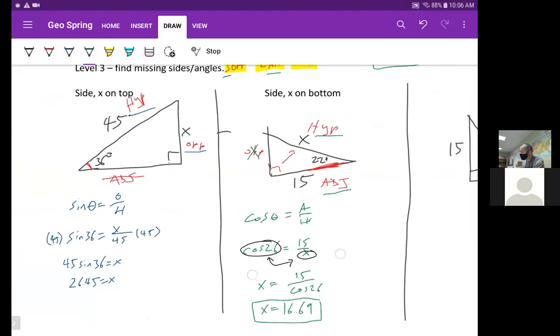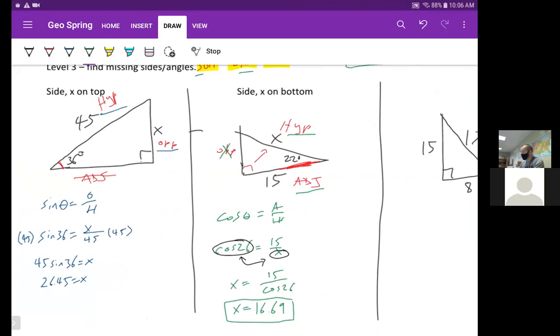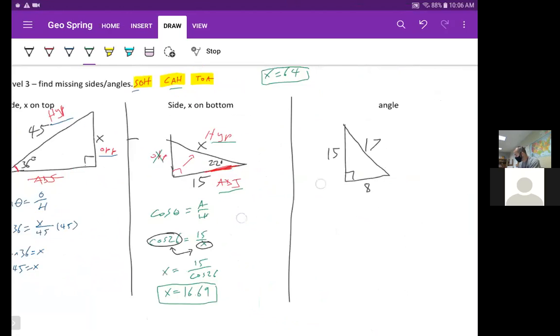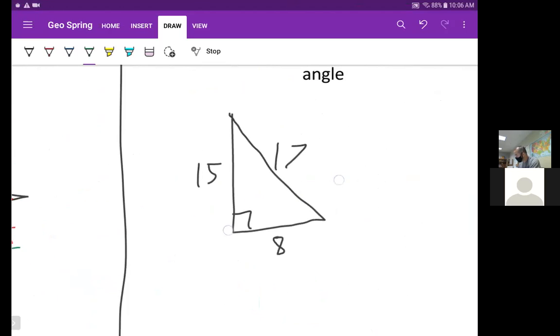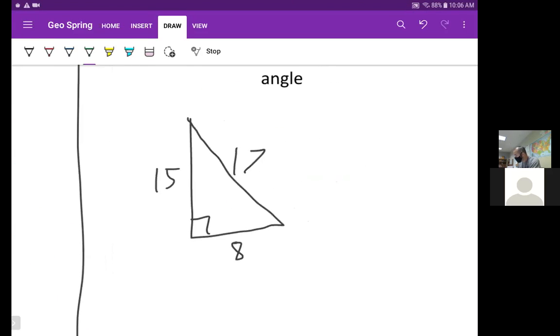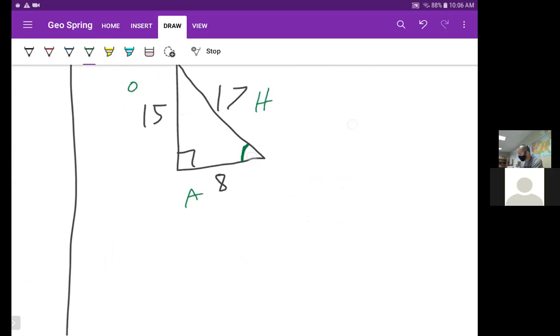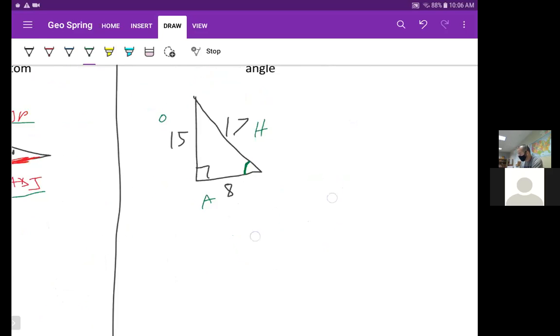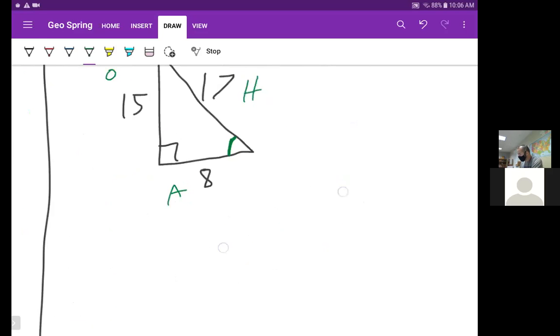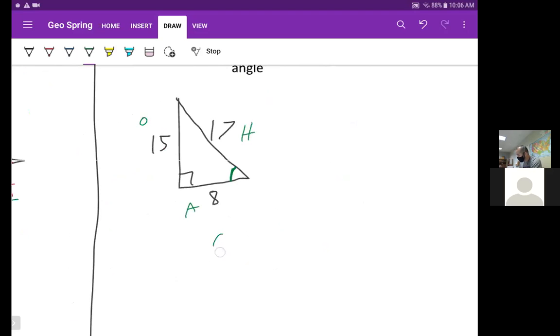So this is the two types where you're finding missing sides. When you're finding missing angles, you know, I didn't put which angle to find. Doesn't matter, we can find them both. Let's do this one. This angle here. So if this is the angle we're looking at, that's hypotenuse, that's adjacent, that's opposite. So we have all three. We can really use any of them. Let's use sine again. So theta equals the sine inverse of opposite over hypotenuse.